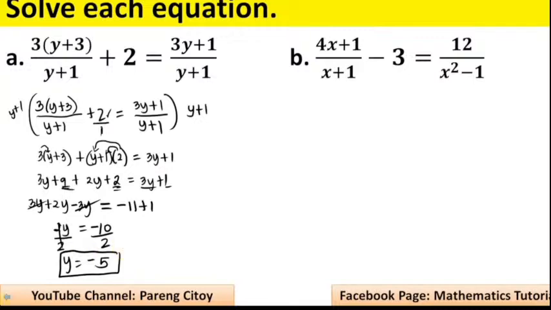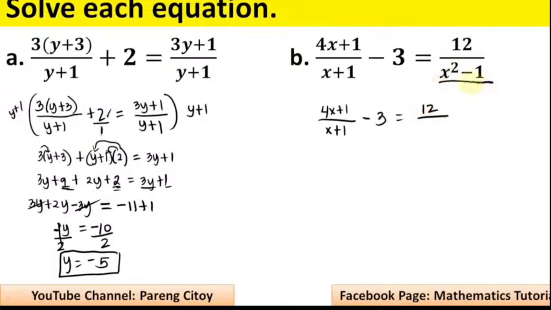For letter B, we have, so our LCD is, kopyahin muna natin, x plus 1 over x plus 1 subtract 3 equals 12 over ito.